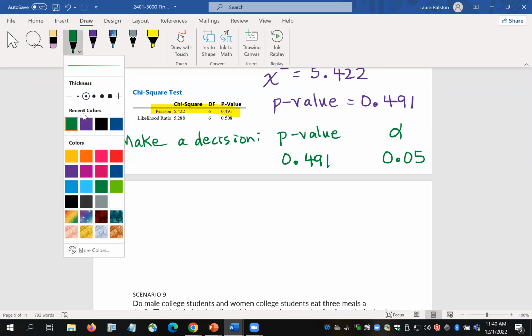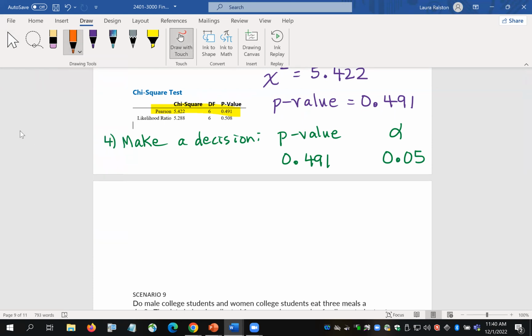When I make that comparison, 4 compared to 0, 4 is greater than 0. P-value is greater than alpha. When P is greater than alpha, we fail to reject the null.